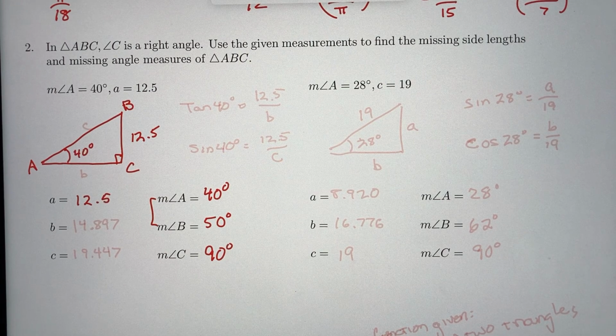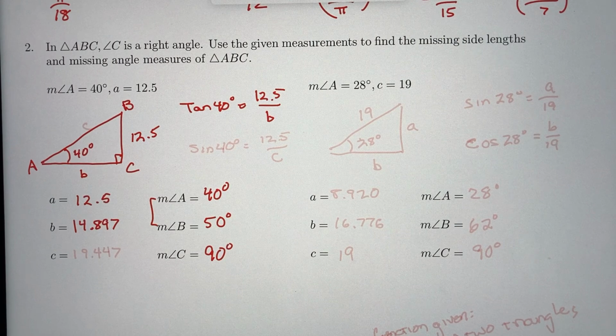To find side B and side C, I'm going to look and say 12.5 is opposite, B is adjacent, I'm going to use tangent. And I know you all were really good at this the other day in class, so I'm just going to say solve for B. I always put 3 digits.